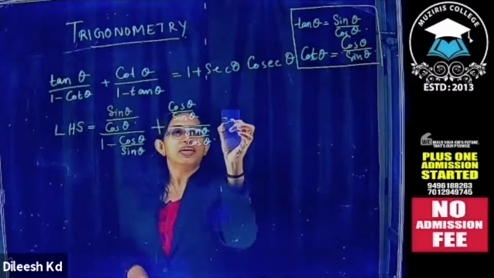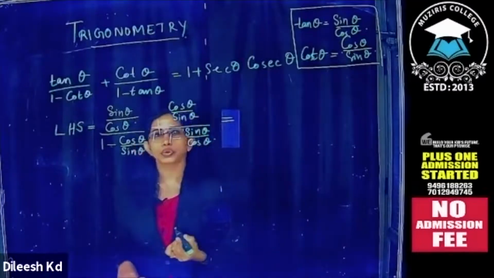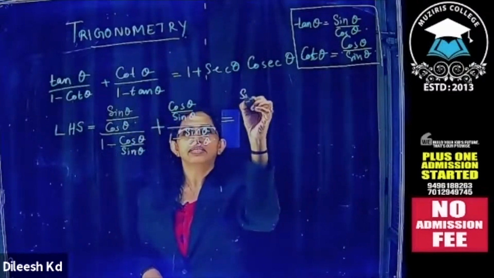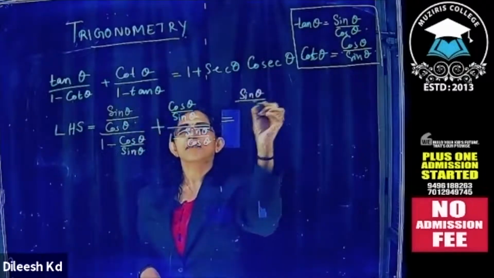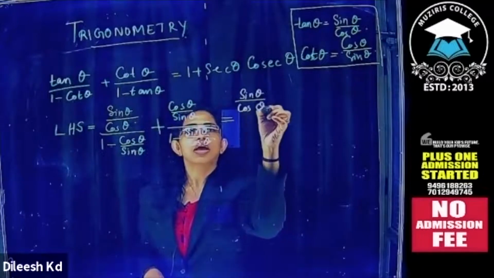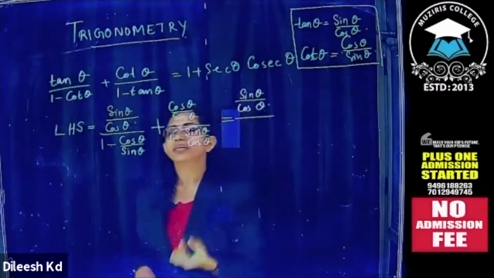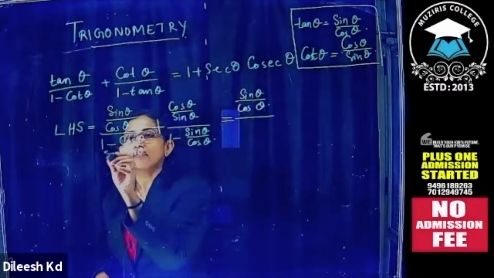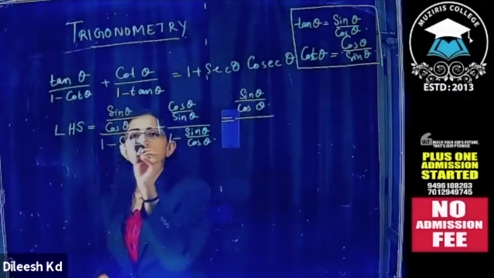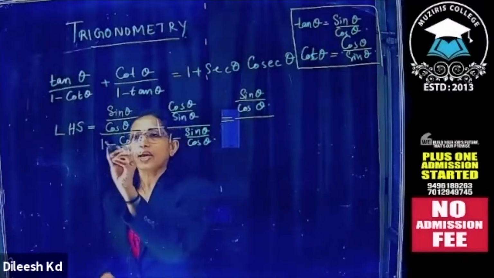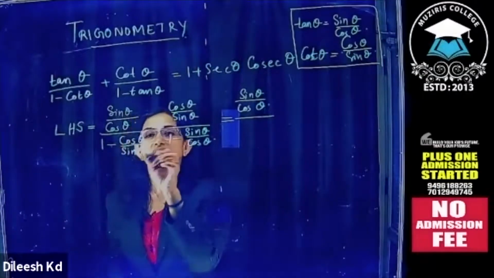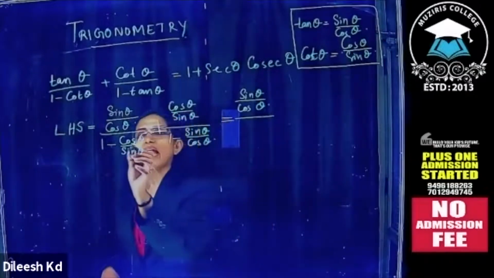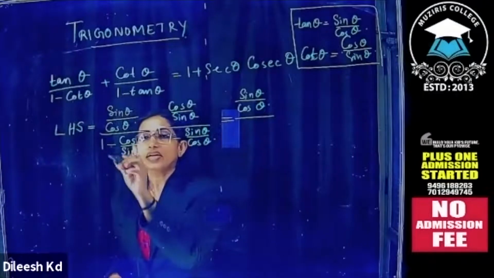Then the numerator part is sin theta divided by cos theta, and for the denominator part we have two terms: 1 minus cos theta by sin theta. One is 1 itself and the other is a ratio, so we take the LCM.